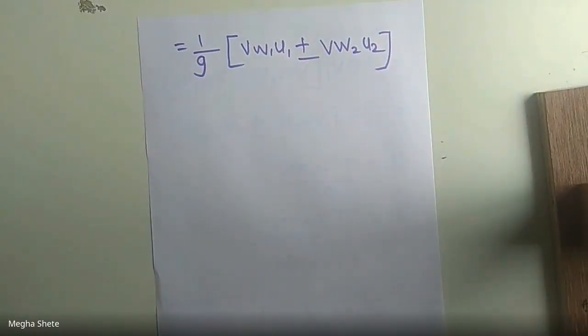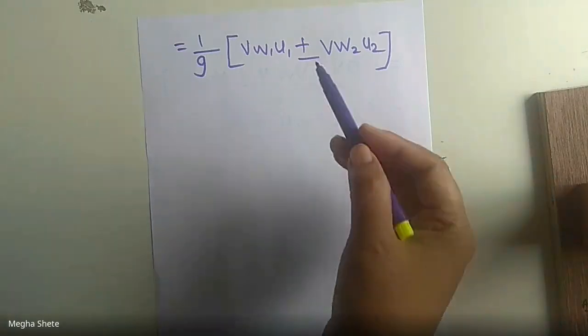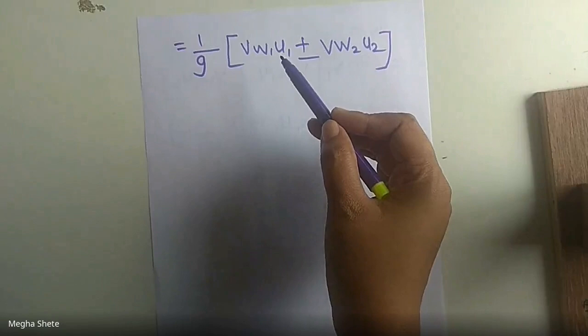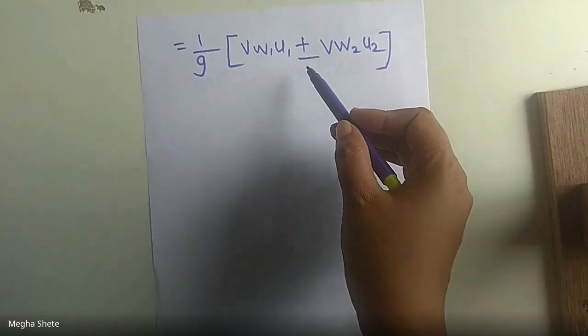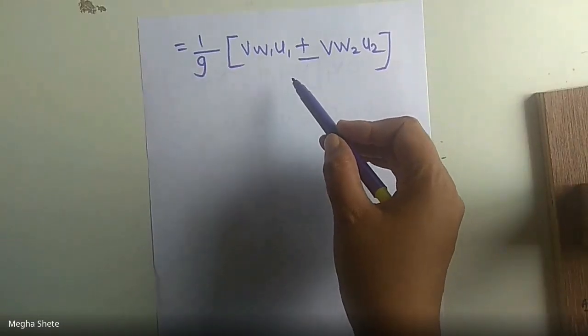Now, we will take the positive sign when beta is an acute angle. If beta is an obtuse angle, we will take the negative sign.